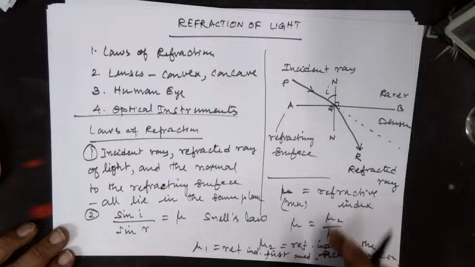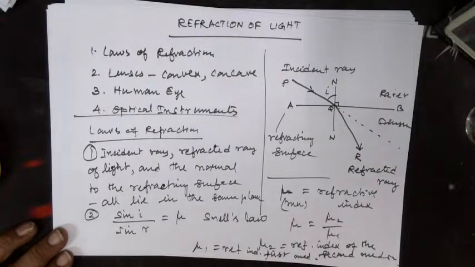So the ratio between these can be called mu as refractive index.